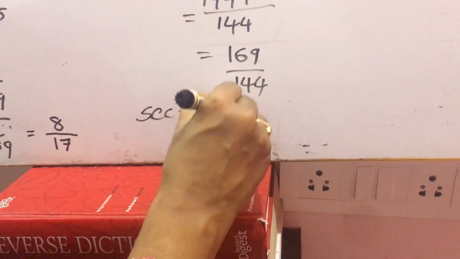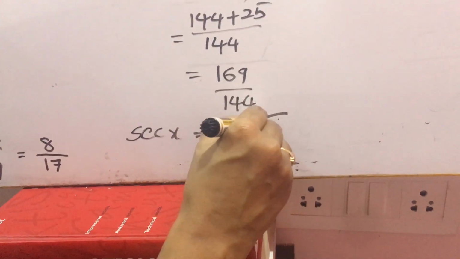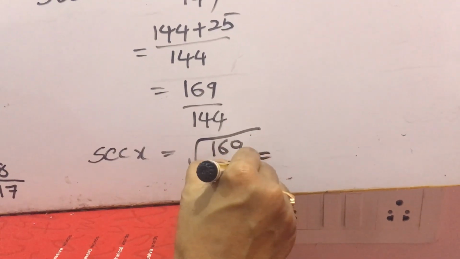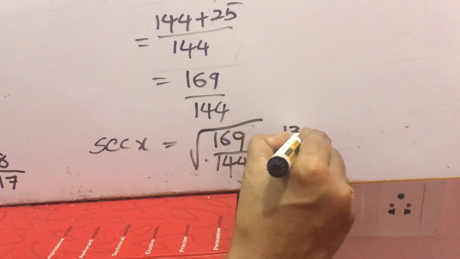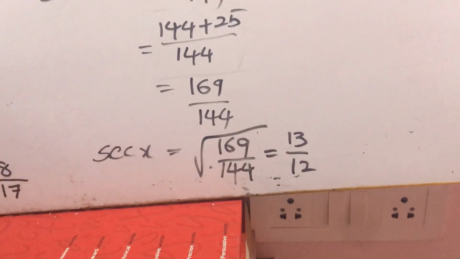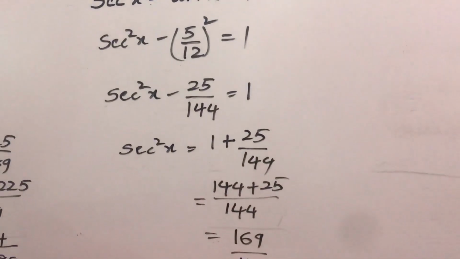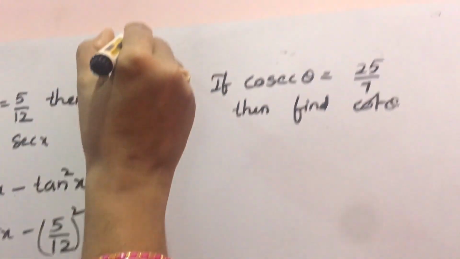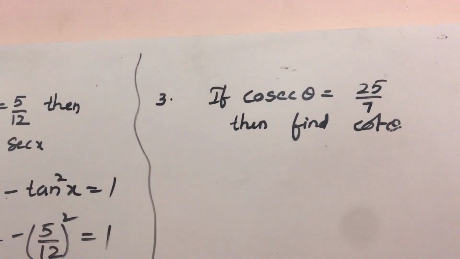Sec x is equal to under root of 169 by 144. What is under root of 169? 13. Root of 144 is equal to, we know, 12. In this way, we can find out if tan x is given, sec x we can easily find out using second trigonometrical identity.